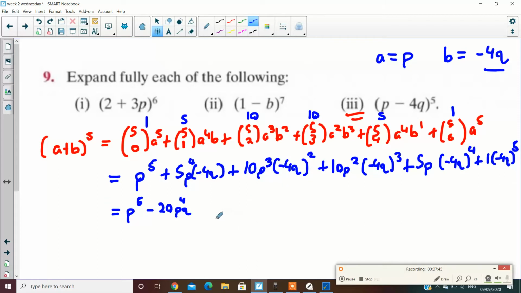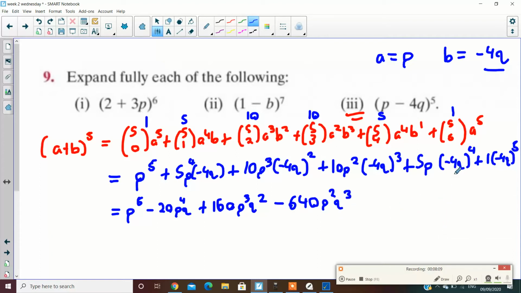16 by 10, 160 p cubed q squared. What was the next one? Minus 4 by minus 4 by minus 4. Minus 640, because you only multiply by 10. p squared q cubed. Next one.